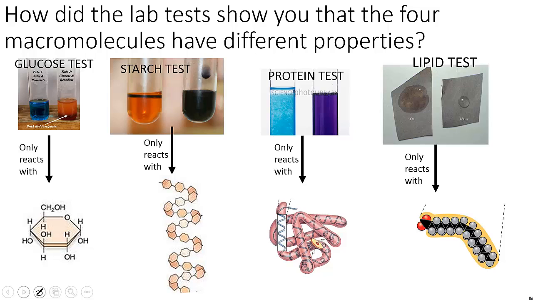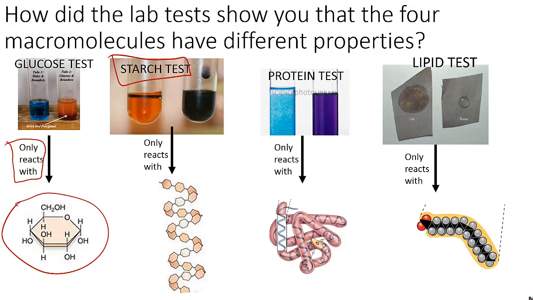So how did the lab test show you that the 4 macromolecules have different properties? Well, we had to use 4 different tests. The glucose test only reacted with this special molecule right here, right? It wouldn't touch anything else. This is the only one that would turn orange. The starch test is the only thing it would react with the starch, and then it would turn purple.